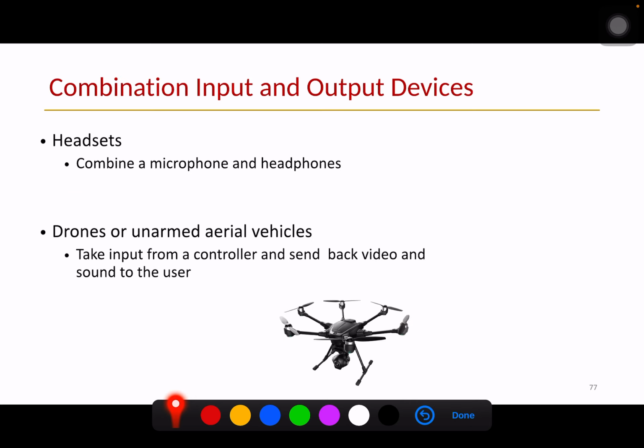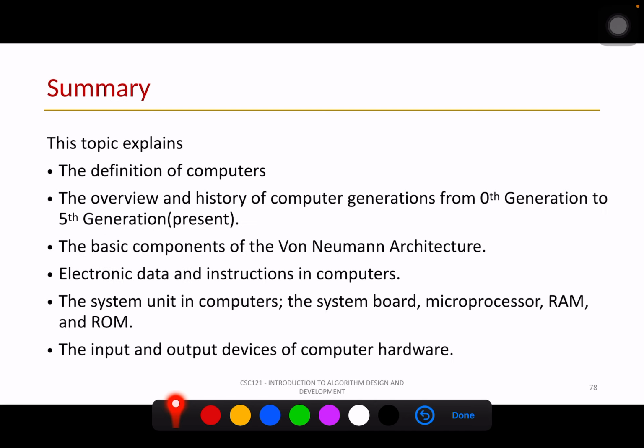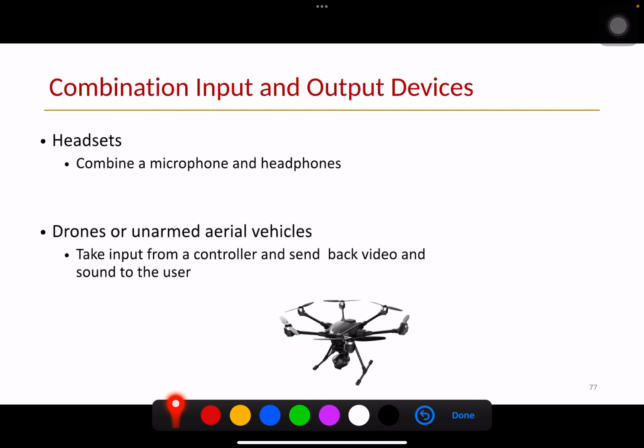Okay, combination of input and output. We have a headset, for example. Those who use a headset, there is a speaker and also the microphone. So another example of a combination of input and output device is our phone.